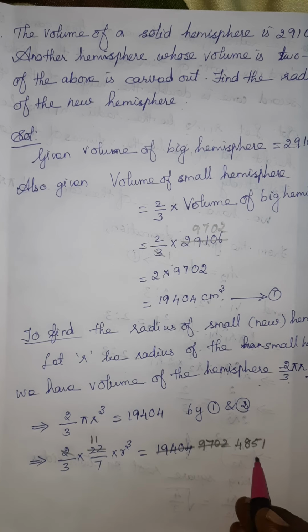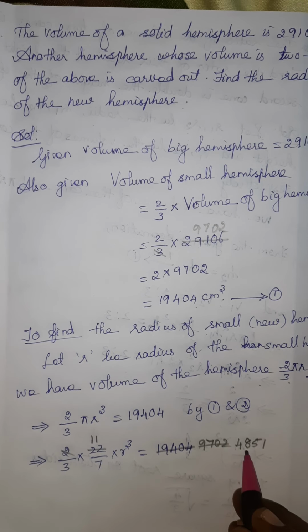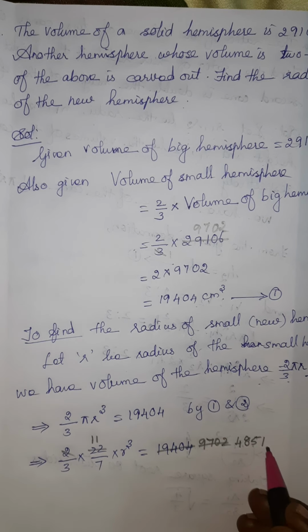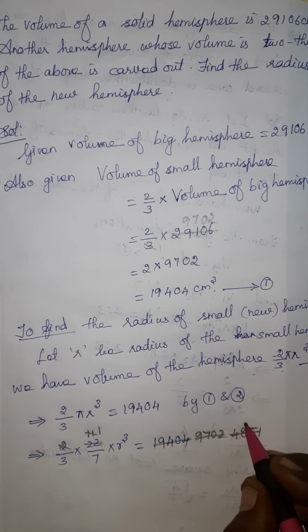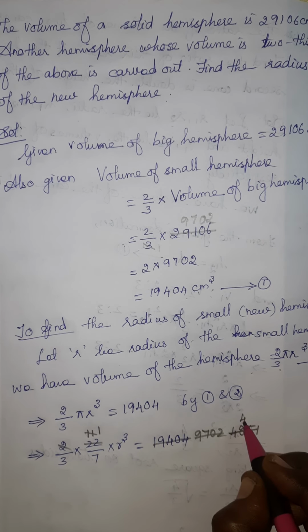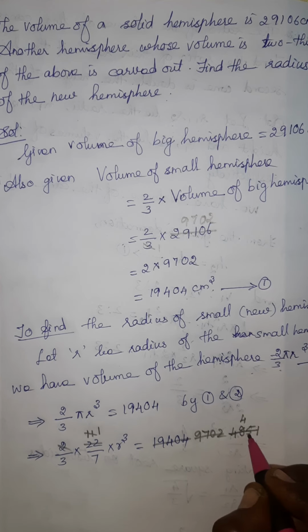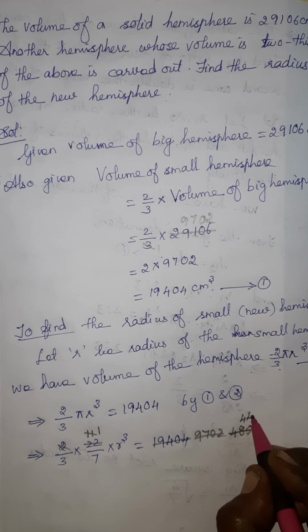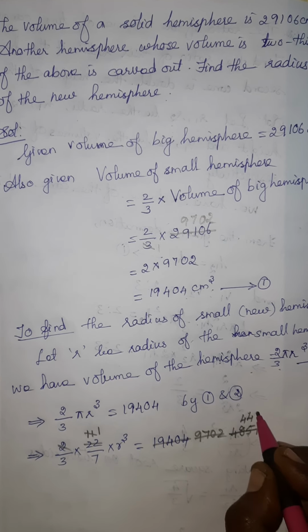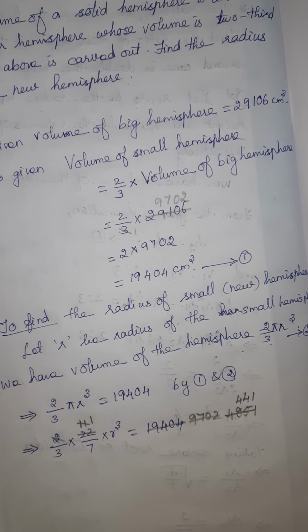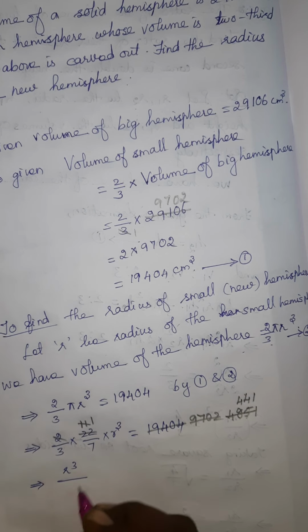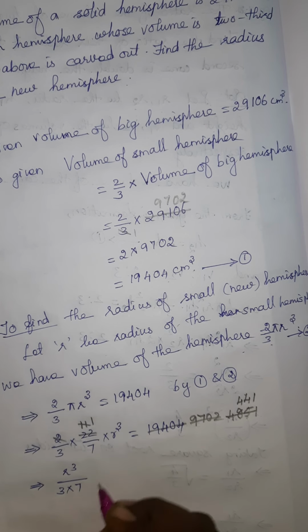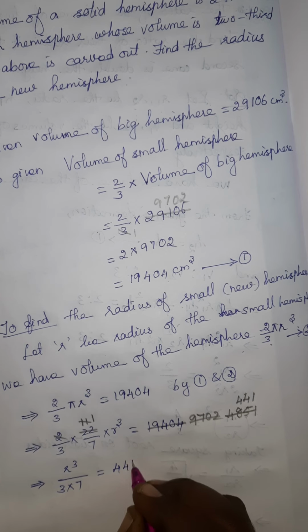Then cancel using the 11 table: 4 11s are 44, remainder 4, it is 45, again 4 11s are 44, remainder 1, so 11, 1. Now on the left side, r cube divided by 3 into 7 is equal to 441.